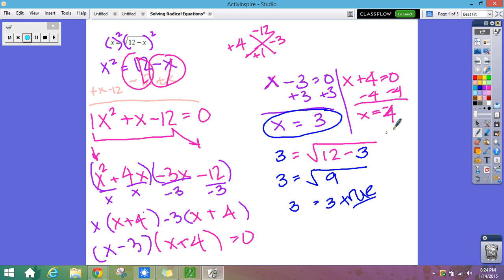Let's go ahead and check that negative 4. Oops, wrong part. Let's erase this. I'm running out of room, guys. Okay, so now we're going to check the negative 4.